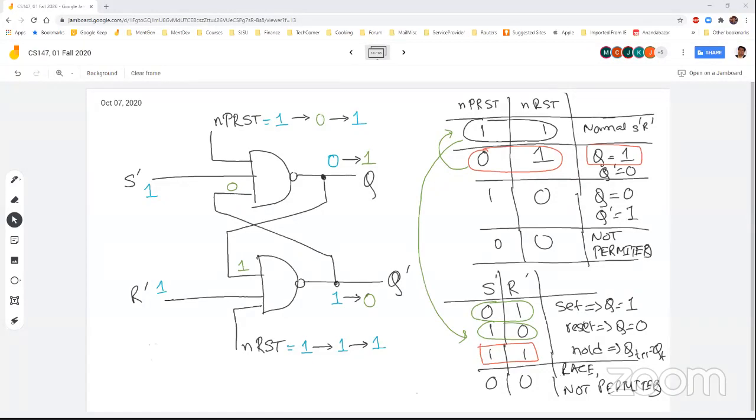If we assume now somehow, let's say we are now making a reset from here. Let's make a reset to 0. We keep that reset to 1.